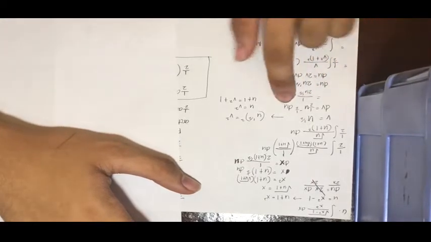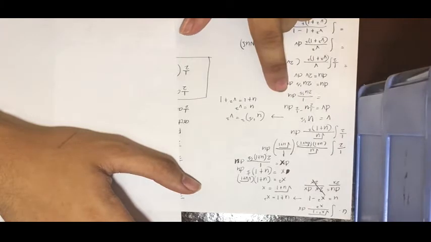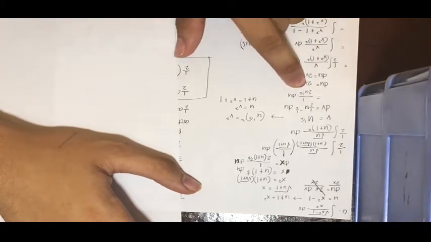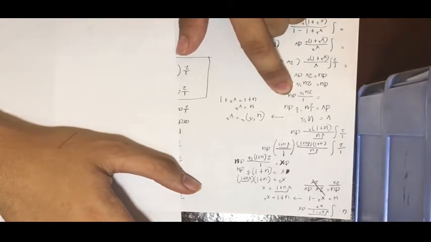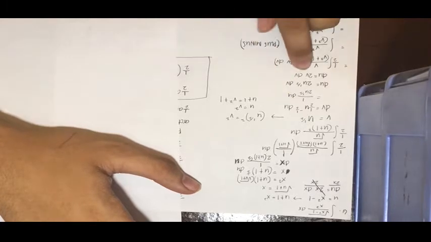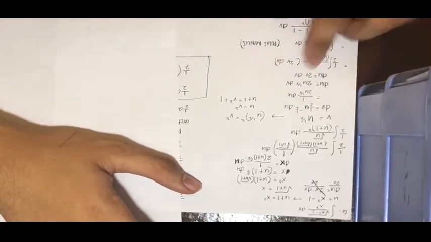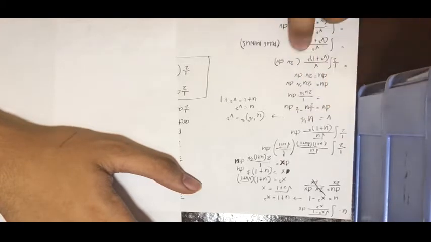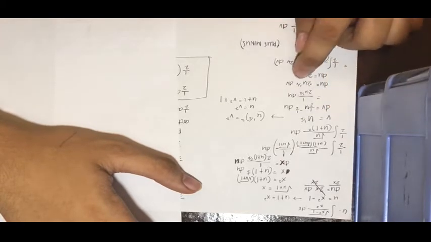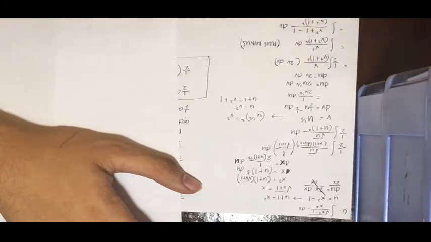So du can be obtained by multiplying 2u to the power of 1/2 to both sides, and you get 2u to the power of 1/2 dv. Now we remember that u to the power of 1/2 is v. So now we can express u in terms of v, and that's our goal here.